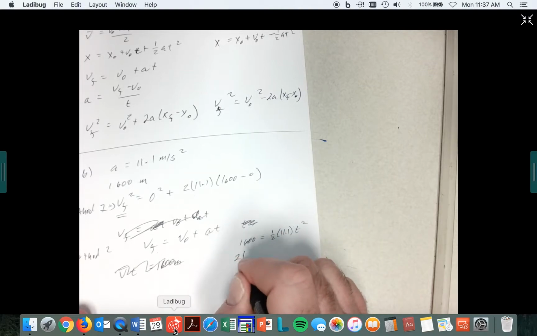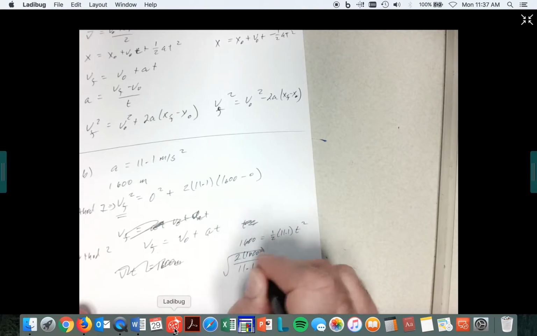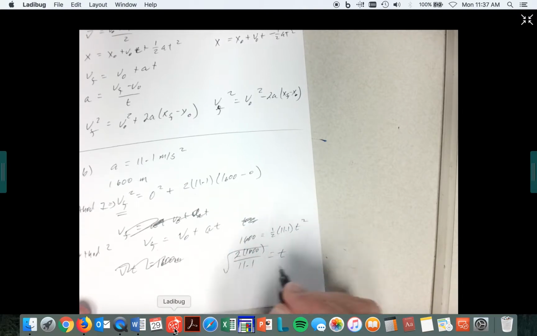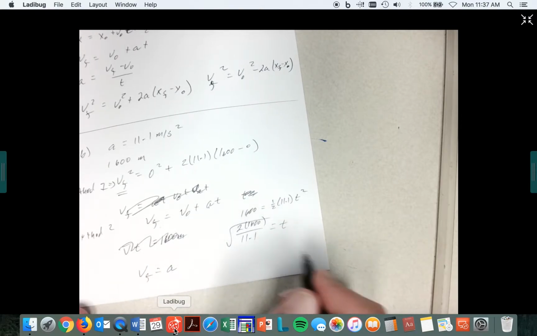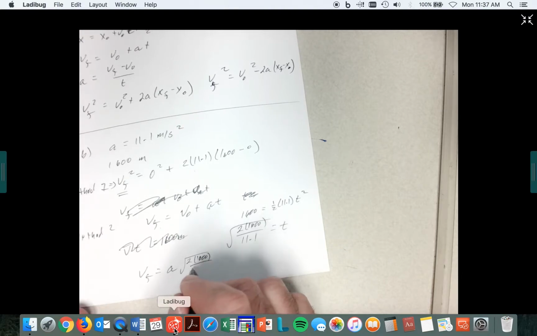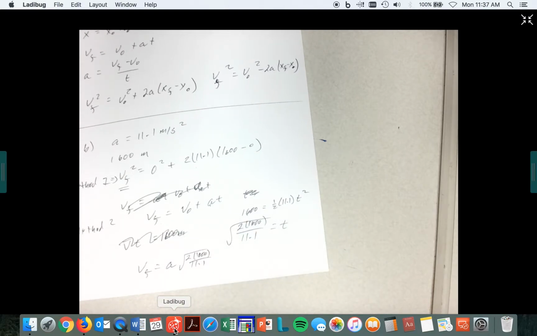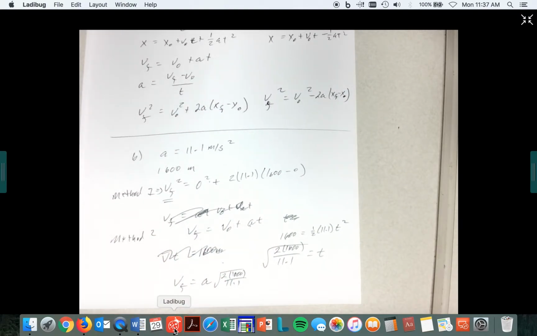So I get 2 times 1,600 divided by 11.1, take the square root of that, I get t. And then I'll say that v final is equal to the acceleration times the time, times the square root of 2 times 1,600 over 11.1. Square root of that. That would do it. These two will get you the same thing. All right, out of here.